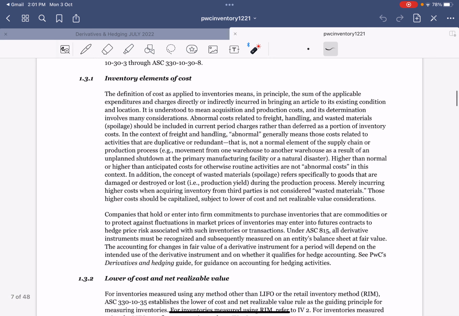So it's a very general definition. It is understood to mean acquisition and production cost, and its determination involves many considerations.